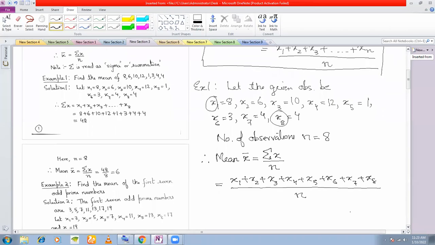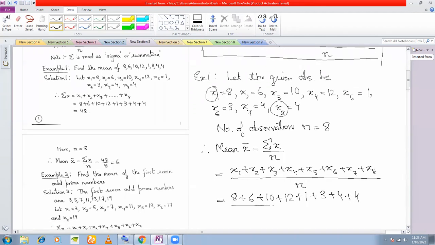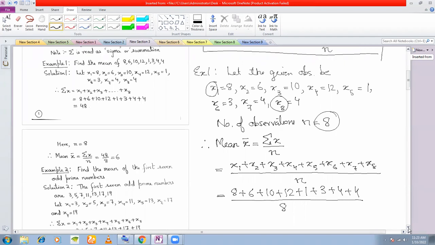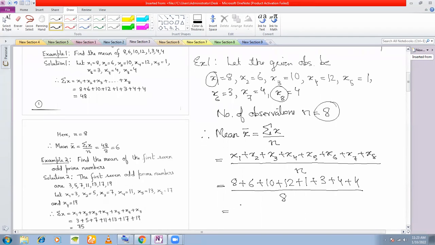In the numerator, you have 8, 6, 10, 12, 1, 3, 4, and 4, divided by the number of observations, n equal to 8. If you add this, you get 48 divided by 8. That means the mean of the observations is 6.